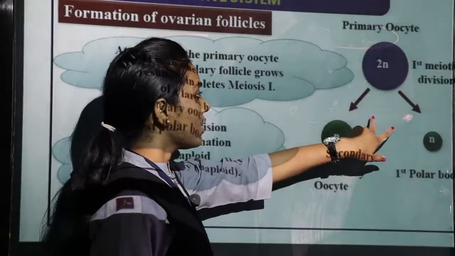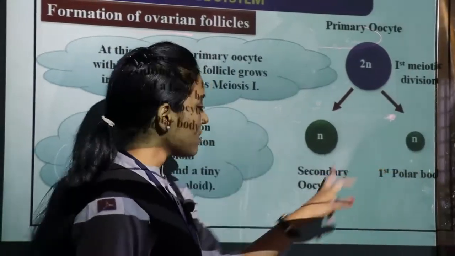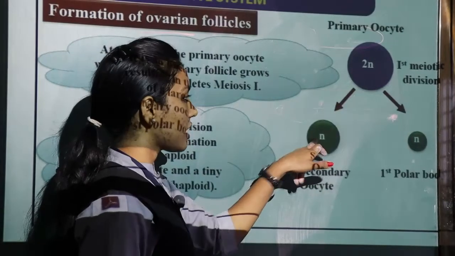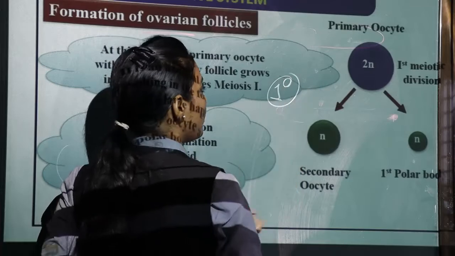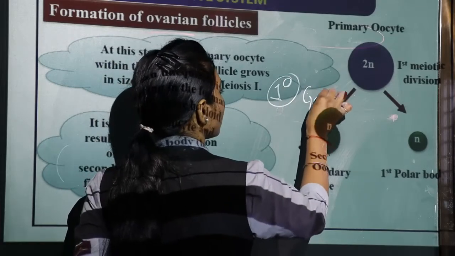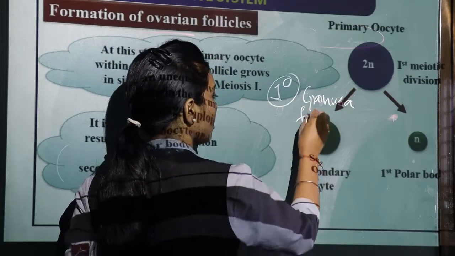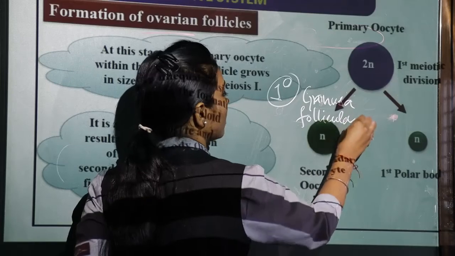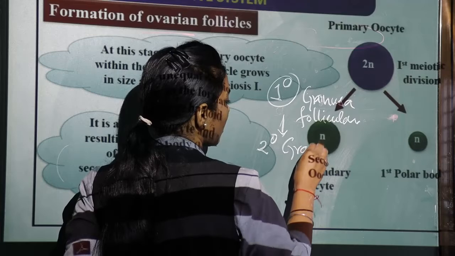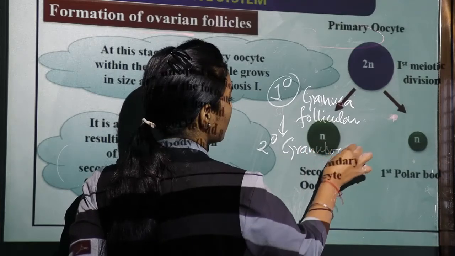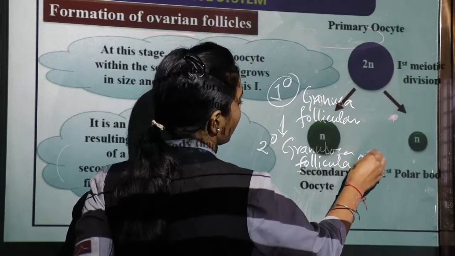Primary oocytes will form one polar body and a secondary oocyte, and in this stage there is development of primary granulosa or primary follicular cells, plus it also forms secondary granulosa or secondary follicular cells.